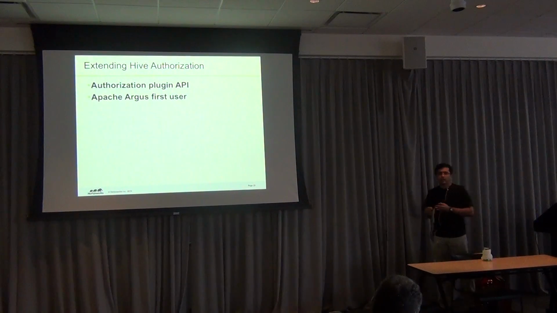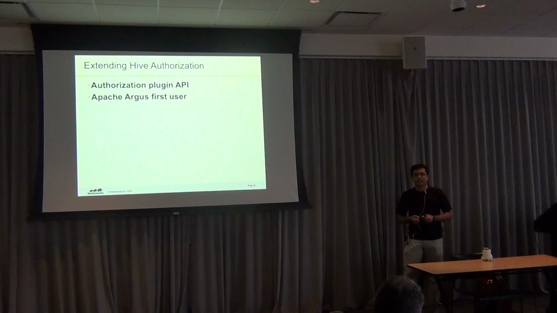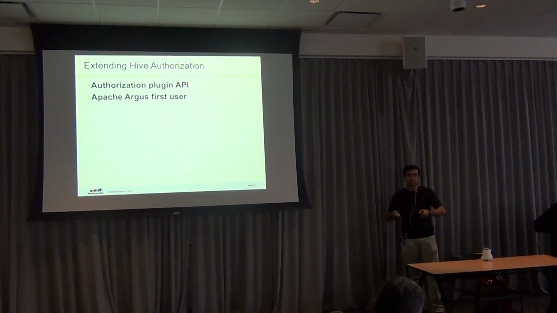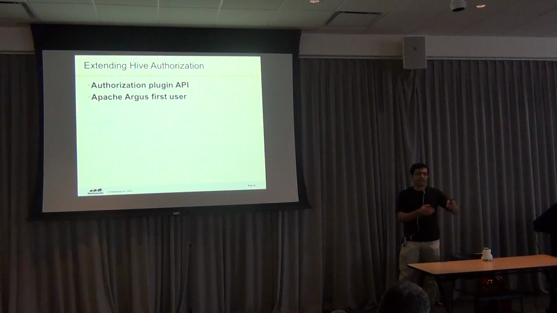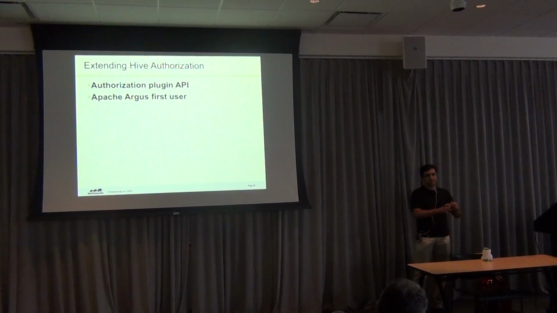So with regard to security, one thing that I have come to learn is that you get to see all sorts of requirements. Each company has some sort of requirement, and it's very hard to meet all those requirements. So what do you do? You let them write their own authorization. As part of the SQL standard authorization work, we created a very extensible API for authorization.